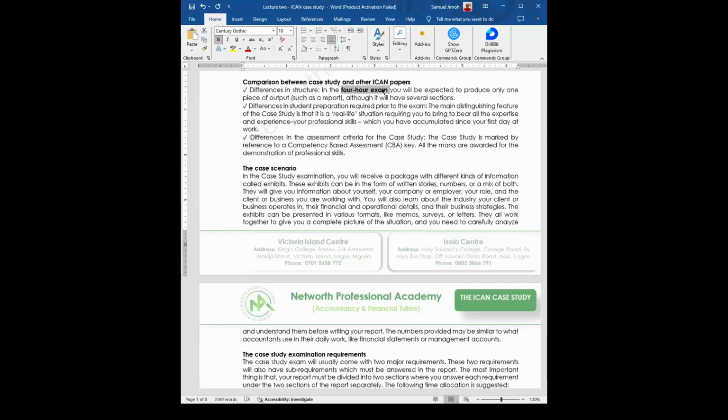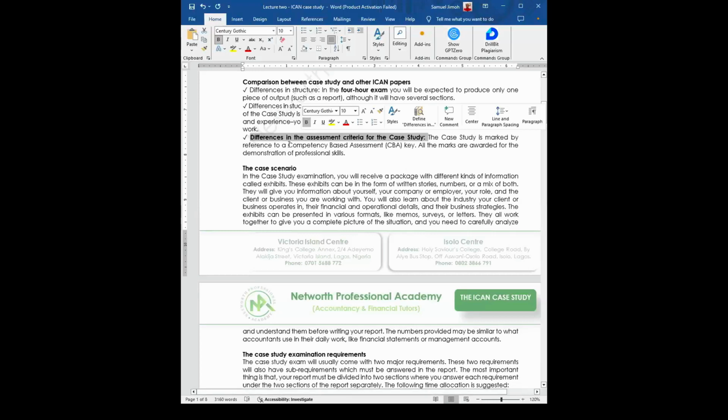And the last one is the difference in the assessment criteria for case study. And this takes us a step further, because the assessment criteria is totally different from every other paper.